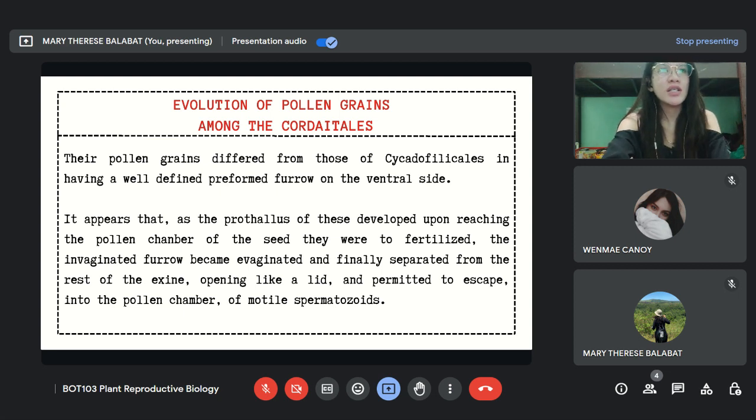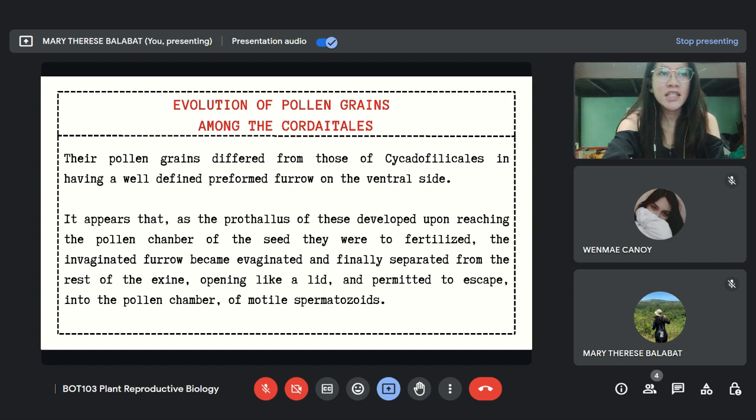So their pollen grains differed from those of Cycadophylicales in having a well-defined preformed furrow on the ventral side. So it appears that as the prothallus of this developed upon reaching the pollen chamber of the seed they were to fertilize, the invaginated furrow became evaginated and finally separated from the rest of the exine, which is the outer layer.